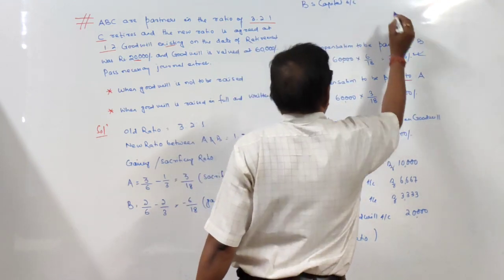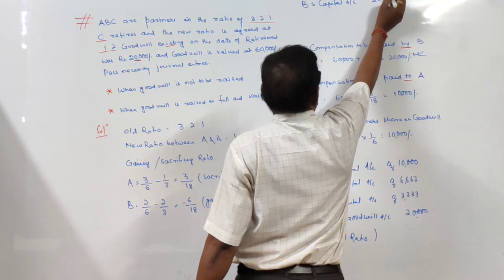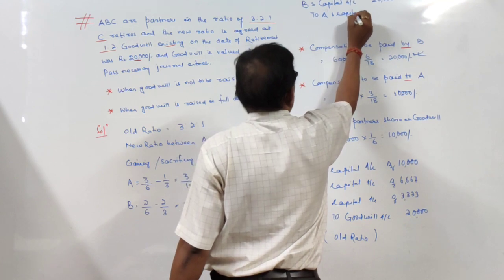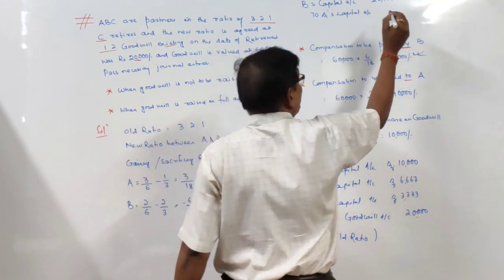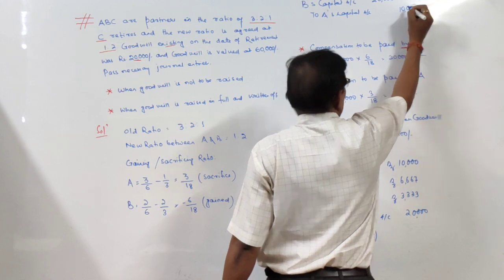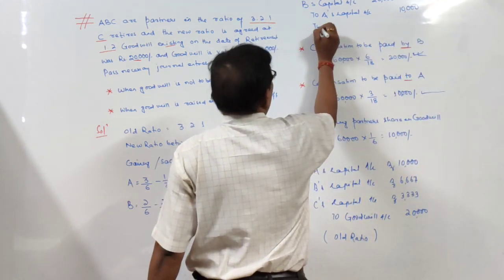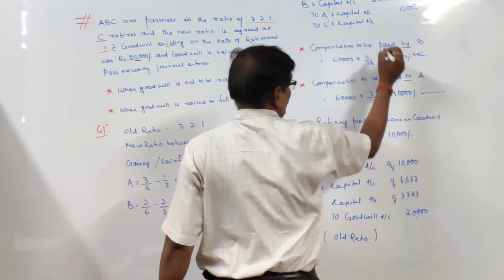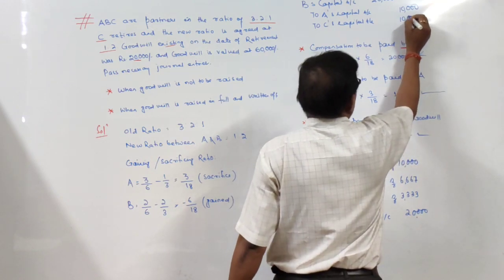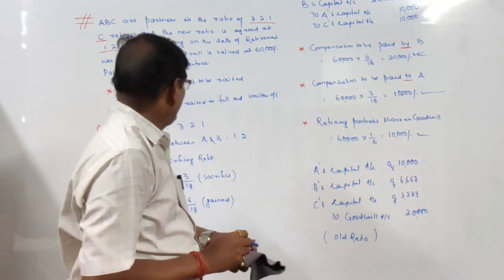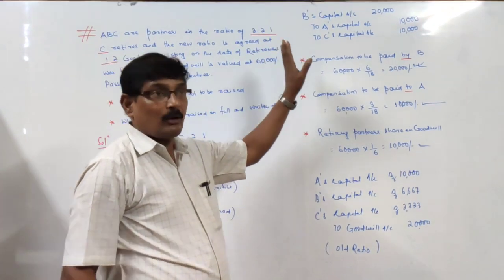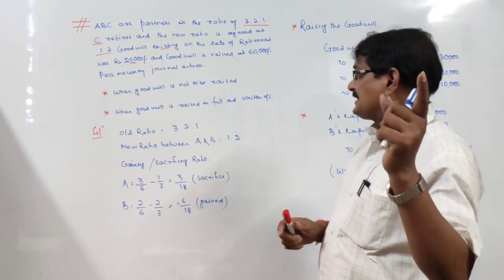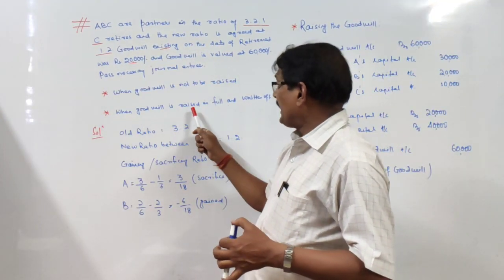He has to compensate 20,000, to A's capital account, because A has sacrificed, 10,000, which we have calculated, and to C's capital account, because he is the retiring partner, 10,000. Right? So when goodwill is not to be raised, the entry will be B's capital account debited, to A's capital and to C's capital.